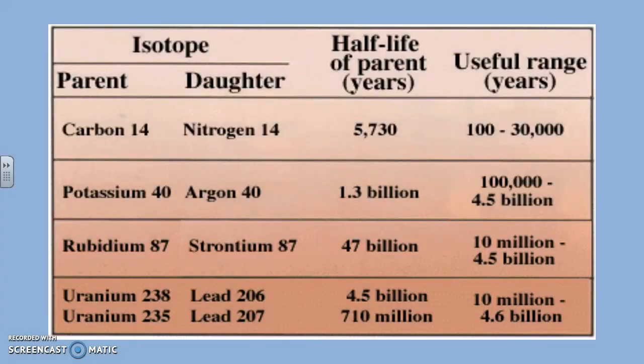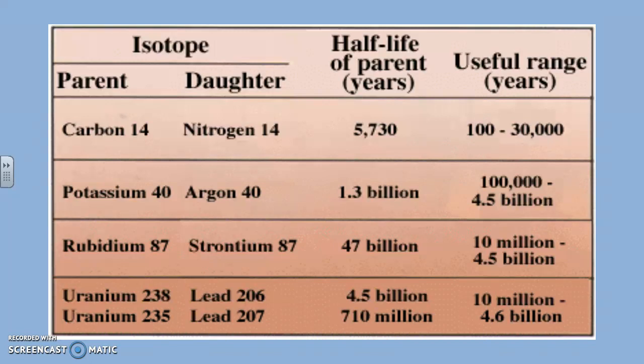Now, for radioactive dating, we use several different radioactive isotopes. And carbon-14 is the most popular one, but it can only date fossils that are between 100 years old and 30,000 years old. And carbon-14 has a half-life of about 5,730 years.